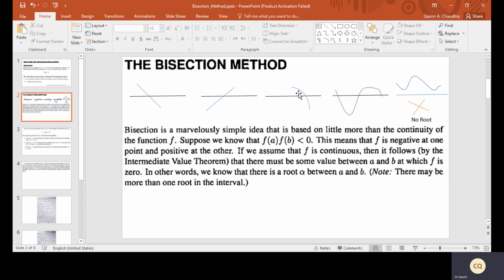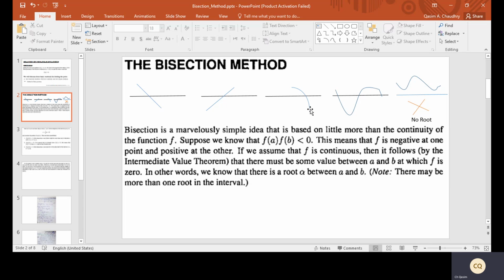Students, now if you see this third one, this is again positive and the second end is negative. So what you can see is that if we have one positive end and the second a negative end, or the first negative end and the second positive end, and the function is continuous, it will definitely cross the x-axis.